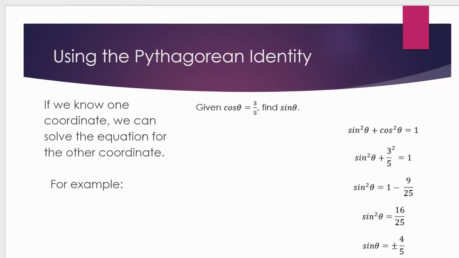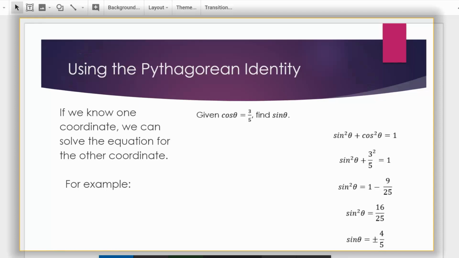So we are given this angle here. We're given that cosine theta is equivalent to 3/5, and we want to find what sine theta is. How can we do that? Well, we can do that by using our Pythagorean identity.